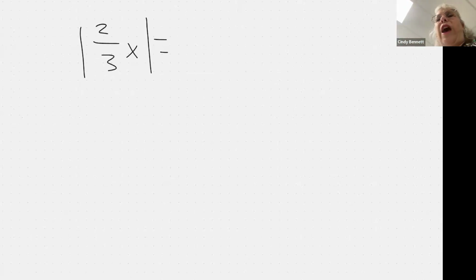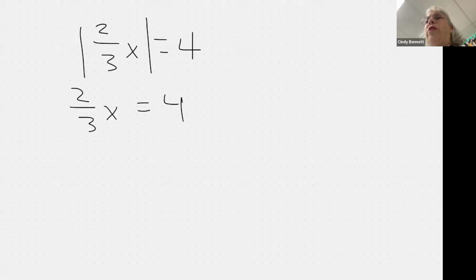Order is important. So we have absolute value of 2/3 x equals 4. That means you're going to set up 2 equations. You're going to say 2/3 x equals positive 4 and 2/3 x equals negative 4. You're going to have 2 sides.